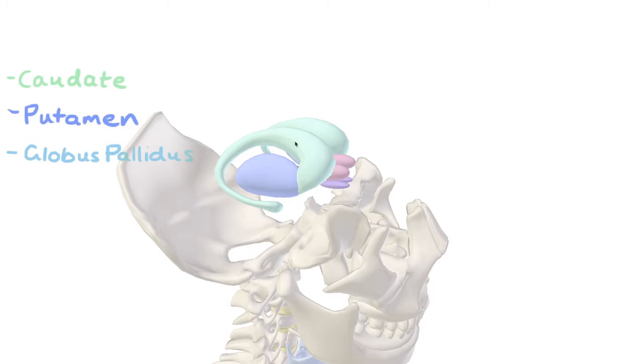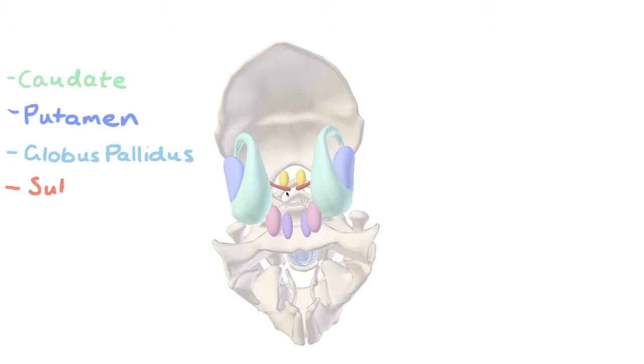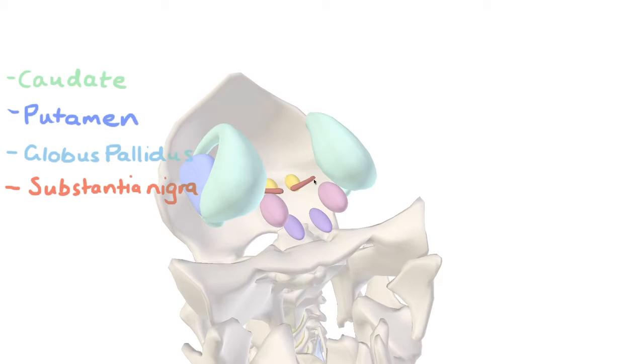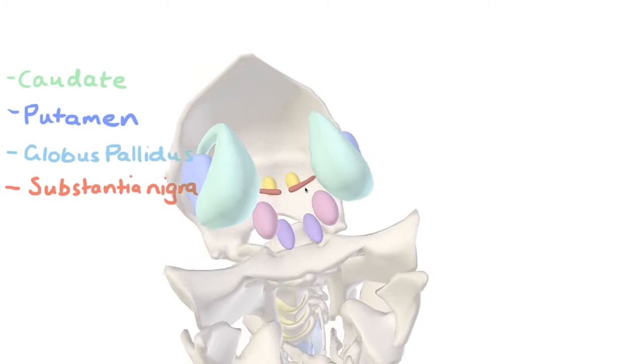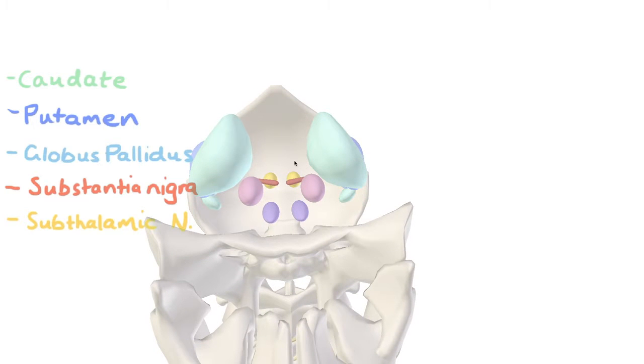Let's have a look at the other parts now. Next cab off the rank is the substantia nigra. They're embedded in the midbrain, so we can only see them here now because we've got rid of the midbrain already. Next to that, the subthalamic nuclei, which true to the name sit underneath the thalamus, which sits up here.